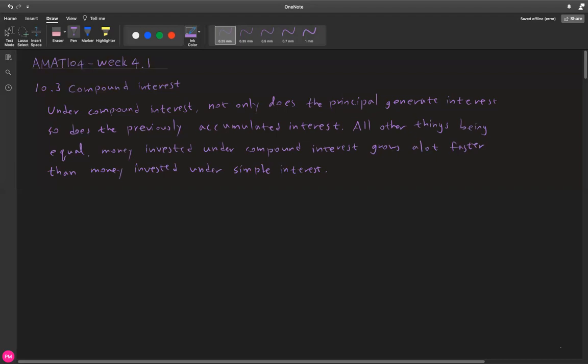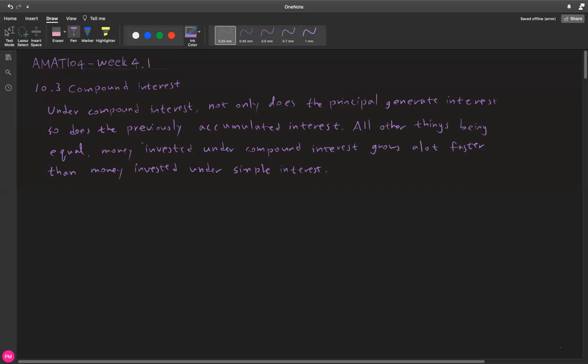So obviously, if it generates interest on the previous interest, so it's generating interest on a bigger sum, obviously it will accumulate faster and more compared to the simple interest if everything else is the same.